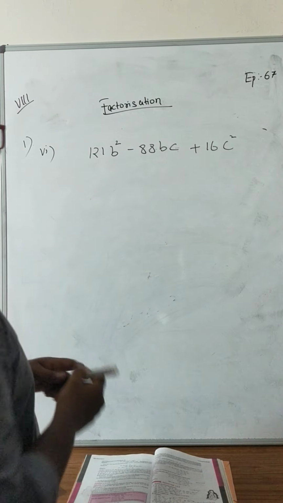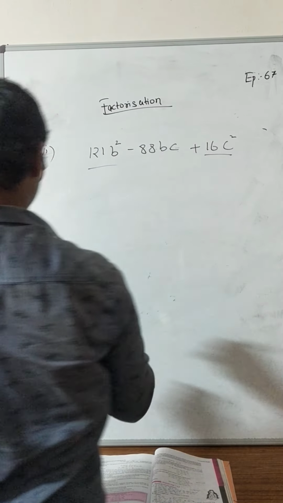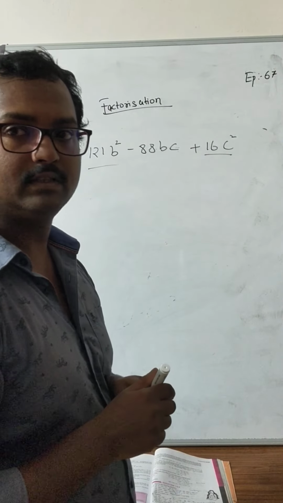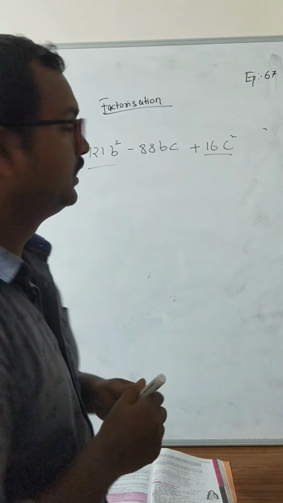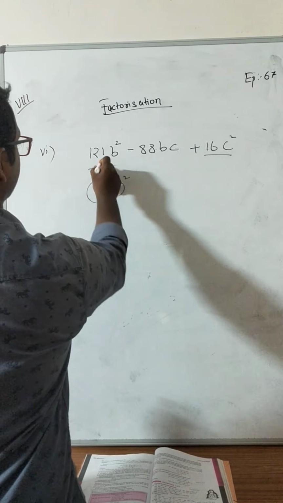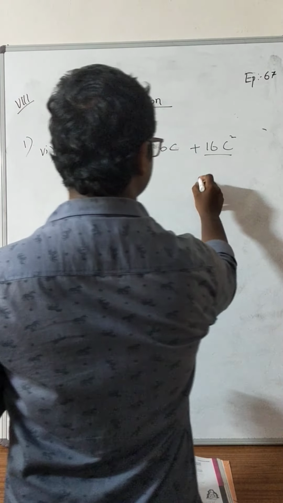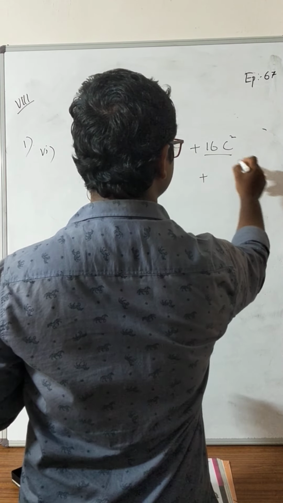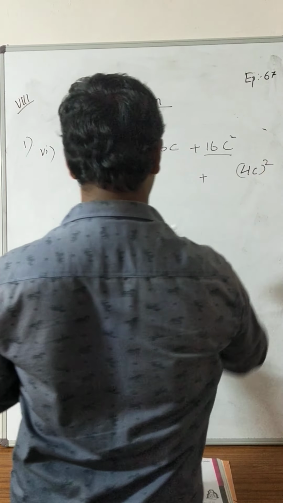In this case, look at the first number and the last number. I already told you, you should learn the squares till 30. Now see, 121 is the square of 11, so 11b whole square is 121b square. 16c square is 4c whole square.